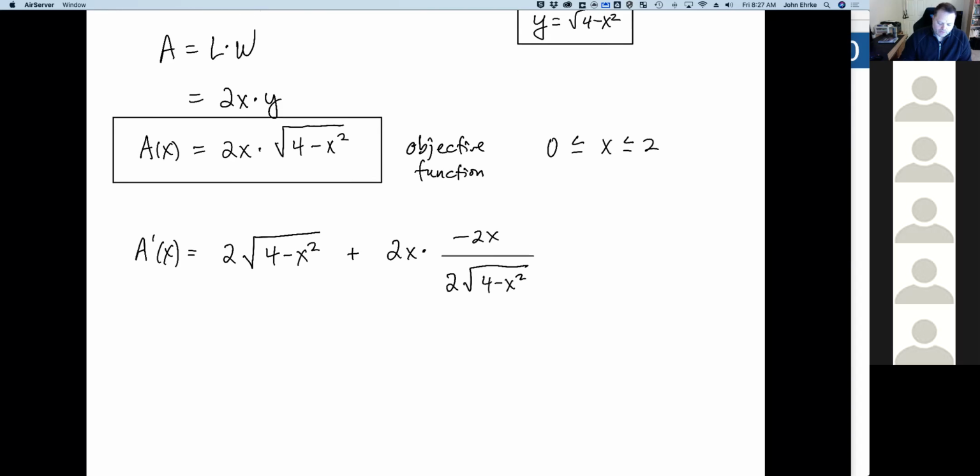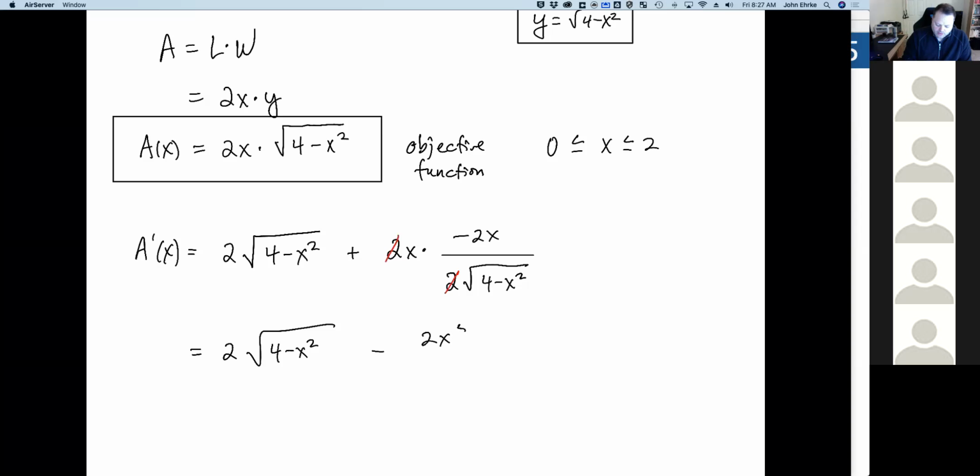Simplifying this a little bit, the 2's here cancel, so you're left with minus 2x squared over the square root of 4 minus x squared.